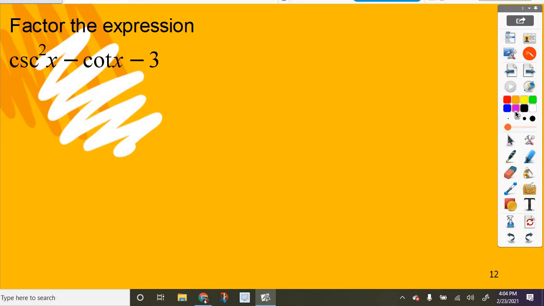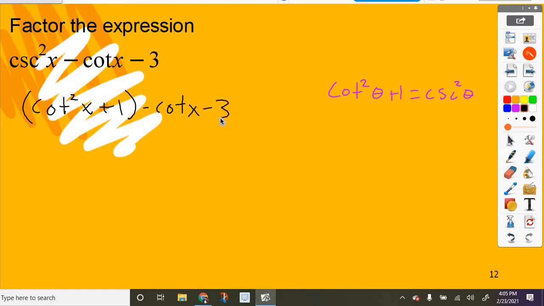So if we look at that, remember that our identity is cotangent squared of theta plus 1 equals cosecant squared of theta. So I'm going to use that identity and substitute that in for my cosecant squared. So I'm going to put cotangent squared of x plus 1, and then the rest of it is going to stay the same.